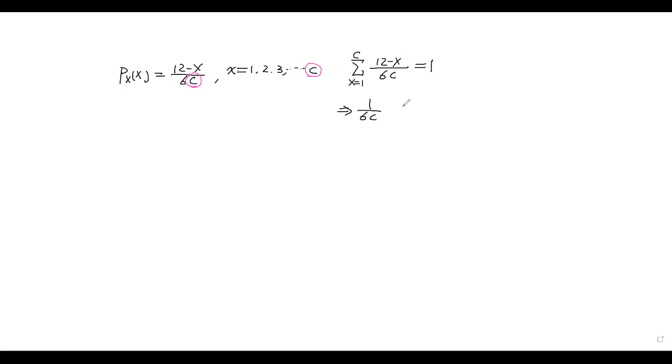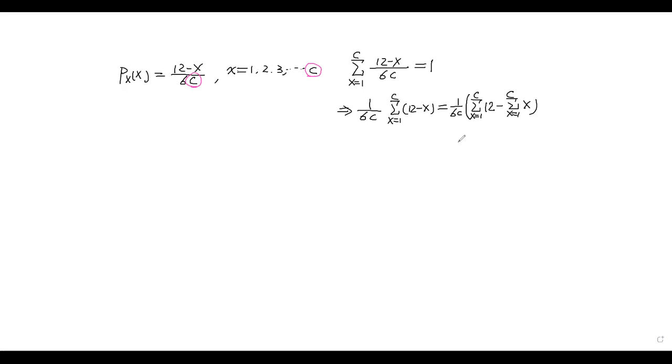Inside, I have the sum for x equal to 1 to C of (12 minus x). I can break this into two summation signs: the sum for x equal to 1 to C of 12, minus the sum for x equal to 1 to C of x.